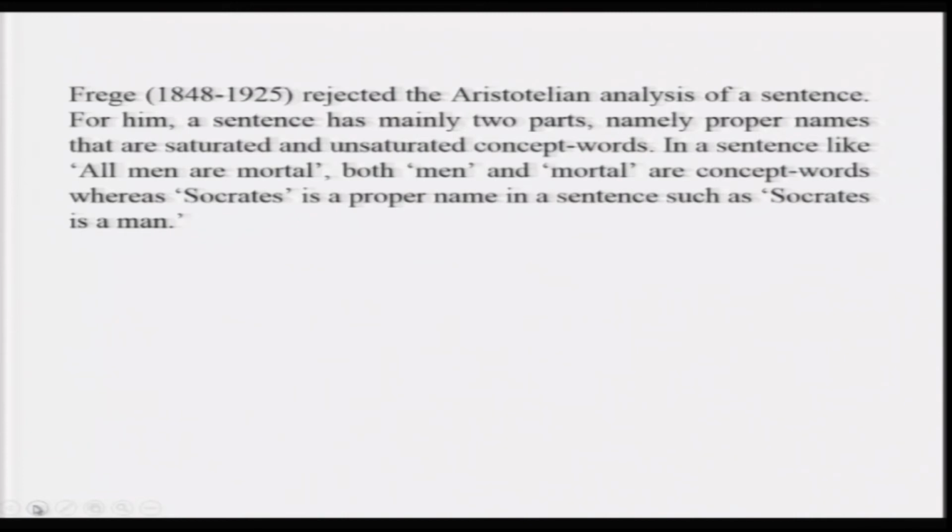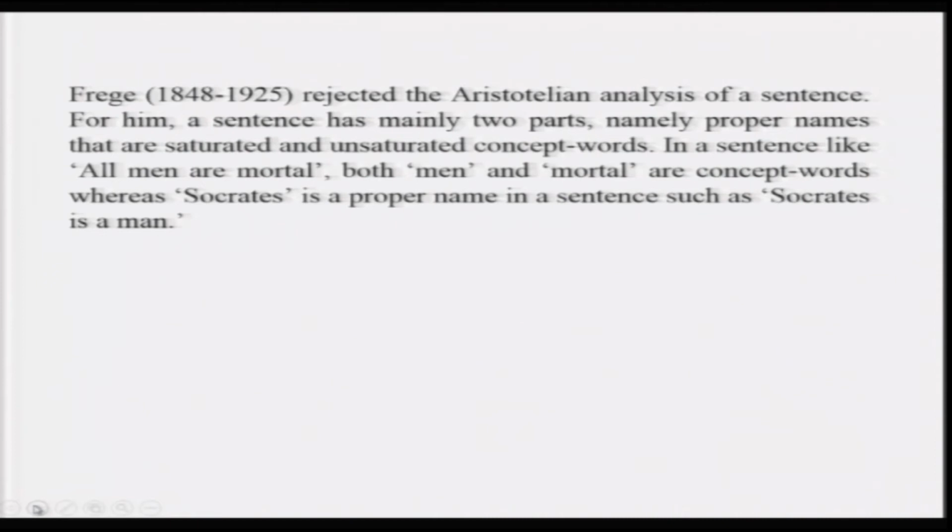For him, a sentence has mainly two parts, namely proper names that are saturated and unsaturated concept words. In a sentence like all men are mortal, both men and mortal are concept words, whereas Socrates is a proper name in a sentence such as Socrates is a man.